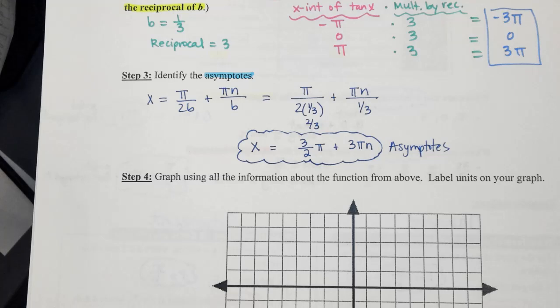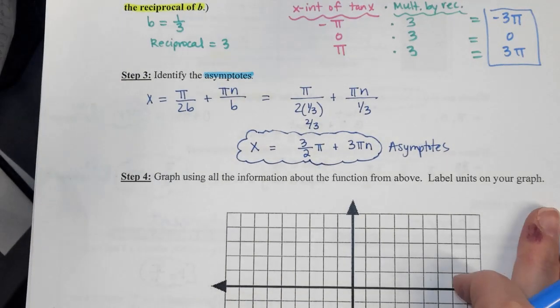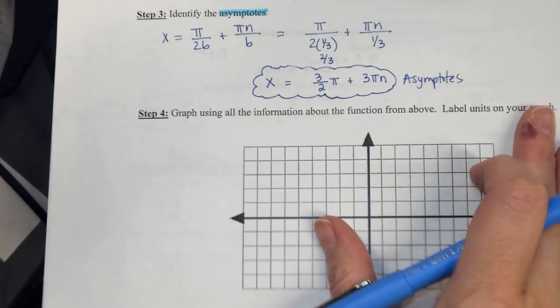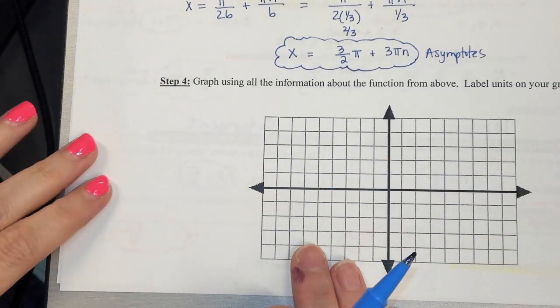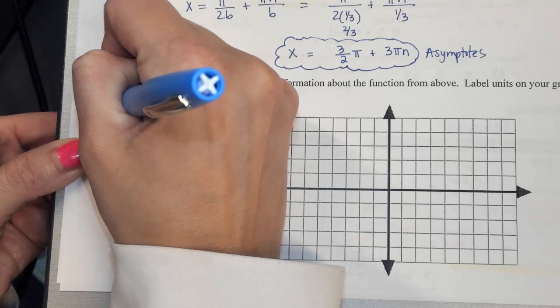Now, just like we did with the x-intercepts, you have an equation, but you also need to find where they actually are on the graph. And this is going to help us with our scale. So when you're doing the asymptotes, you are going to plug in values to find what the asymptotes are on your graph. Okay, so I am going to summarize the information here so that we can come up with a good x scale.